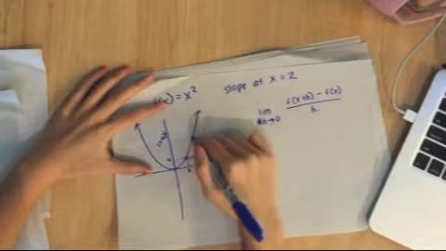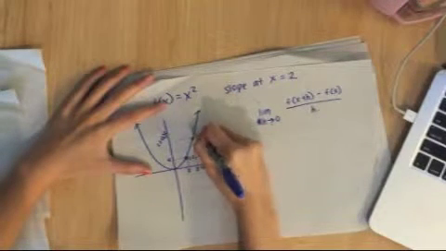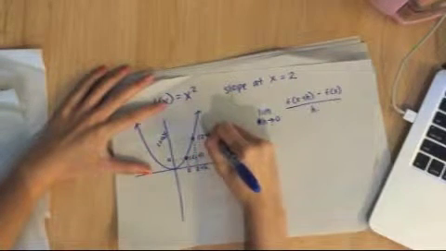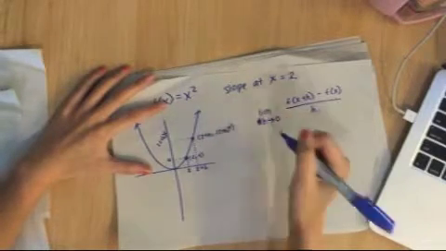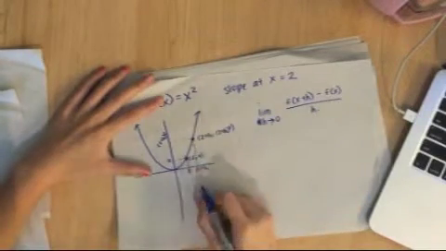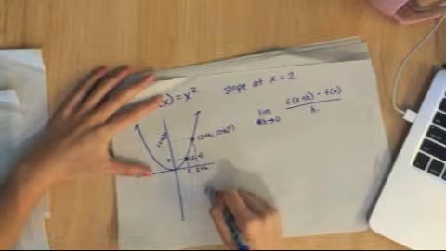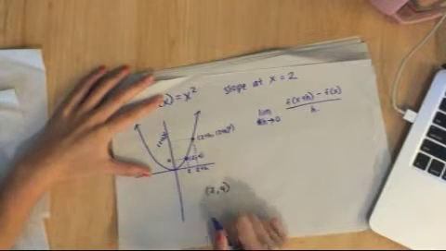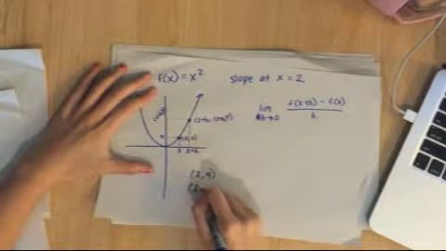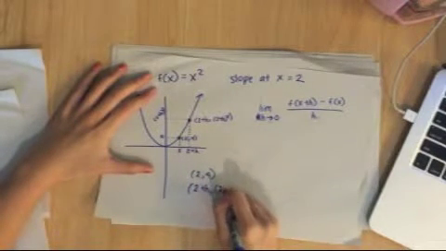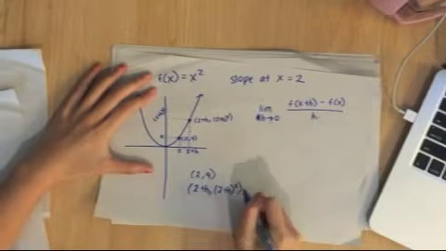So the coordinate of this is 2 plus h, comma 2 plus h squared. So to make it clear, let's just write down the two coordinates that we have. So 2, 4, and 2 plus h, 2 plus h squared.